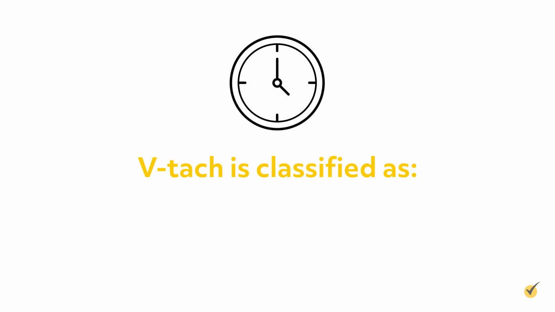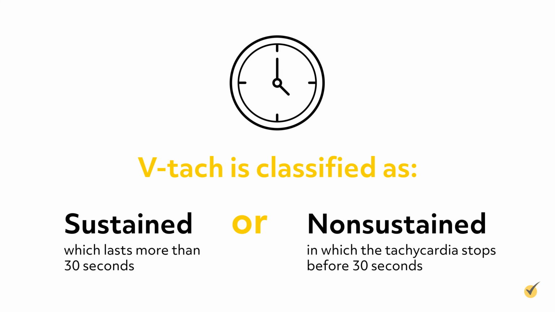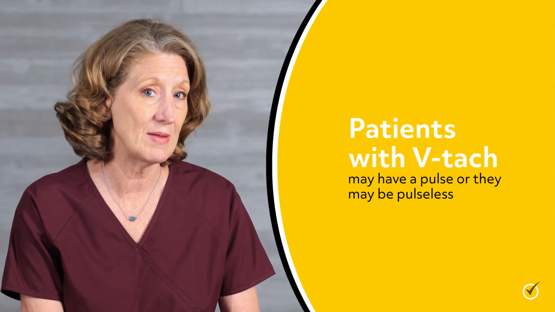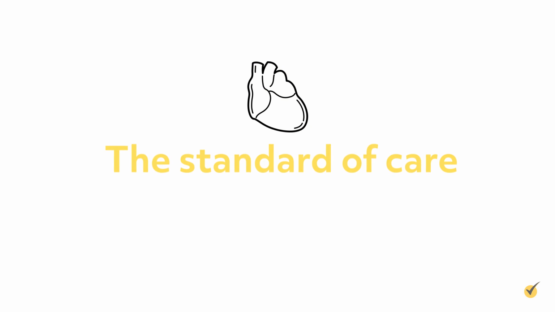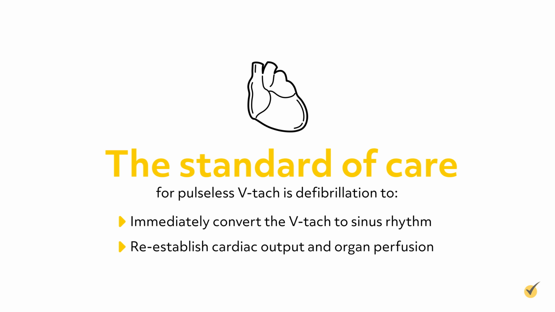VTAC is classified as sustained, which lasts more than 30 seconds, or non-sustained, in which the tachycardia stops before 30 seconds. Patients with VTAC may have a pulse or they may be pulseless. The standard of care for pulseless VTAC is defibrillation to immediately convert the VTAC to sinus rhythm and reestablish cardiac output and organ perfusion.